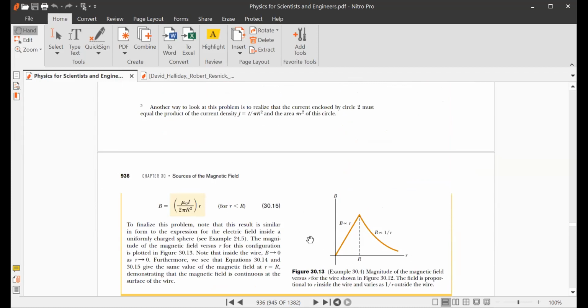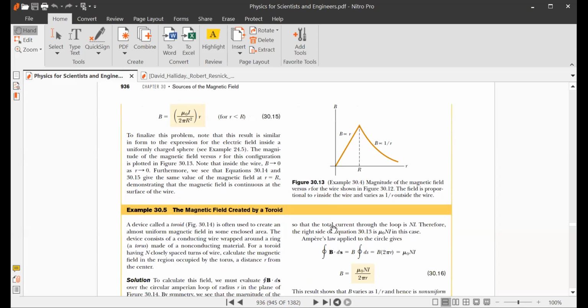This is linear, proportional to r, and this is proportional to 1 over r. This is outside the wire, and this is inside the wire. Any question? If not, I will continue.